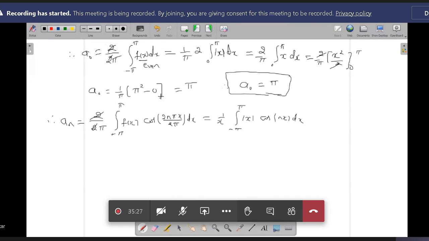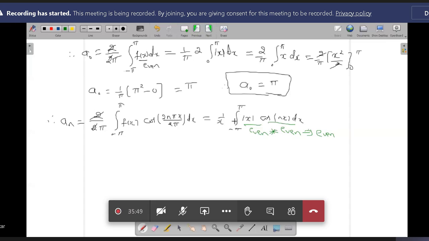Okay, so now here in this an, you see mod x is again an even function, and cos nx is also an even function. So the product of these two becomes an even function again.